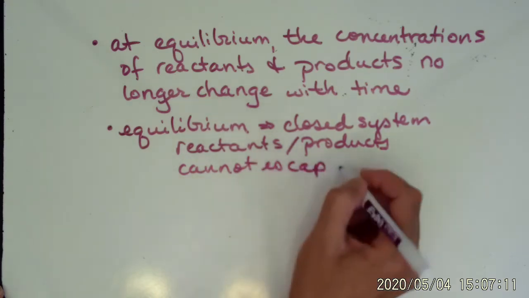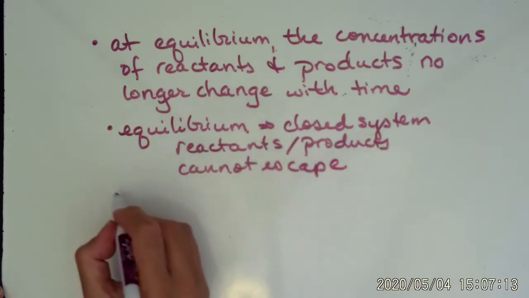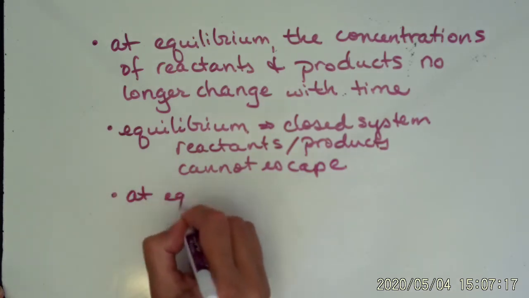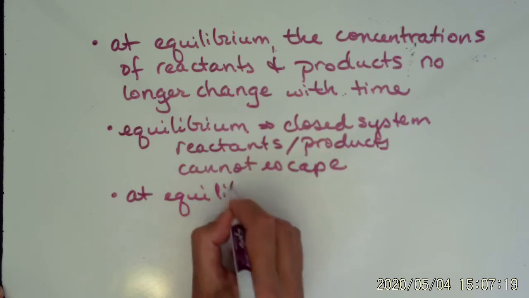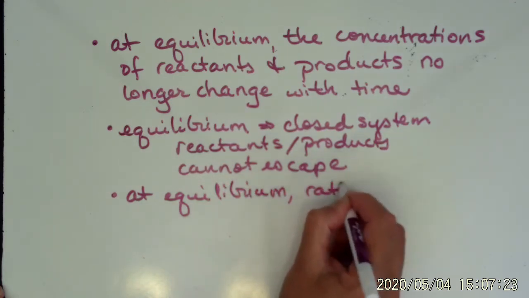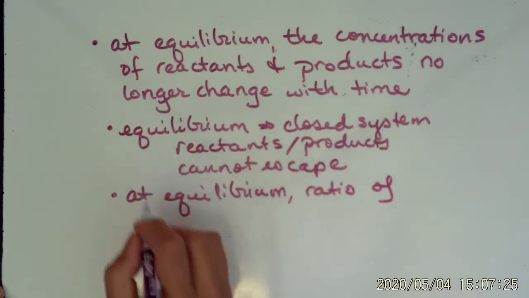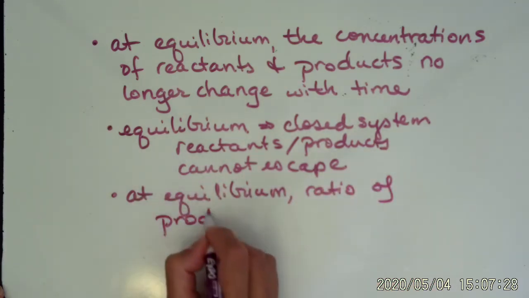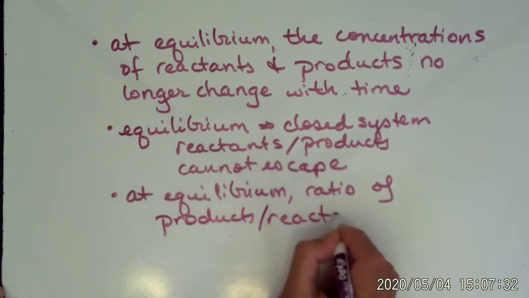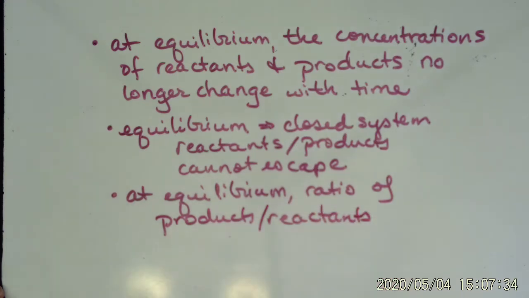Okay? And, as you know, at equilibrium, the ratio of products over reactants, which will include your stoichiometry, is what we just did.